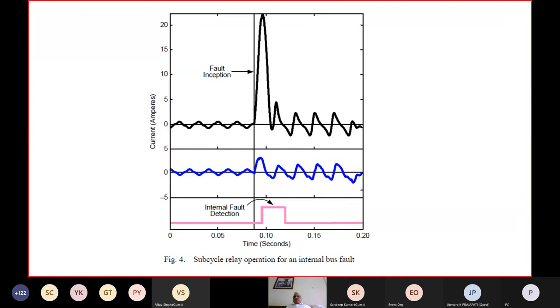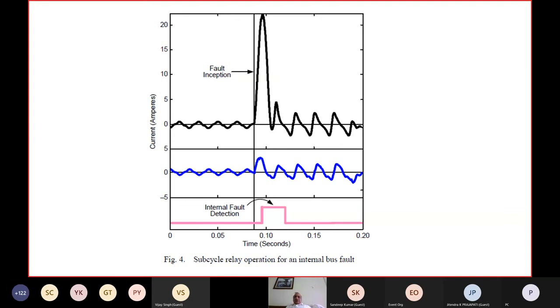because we have now numerical relays which can operate in say 5 milliseconds. So if CT saturation takes place, this saturation phenomenon has to be detected within 5 milliseconds, and you have to block the bus fault relay from operating because of the CT saturation.